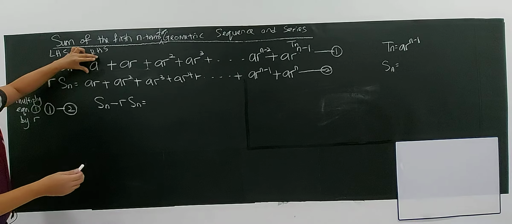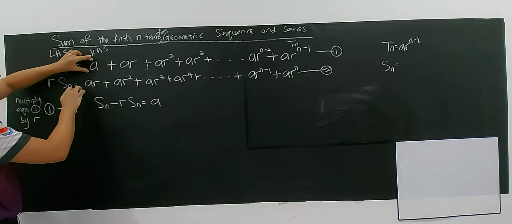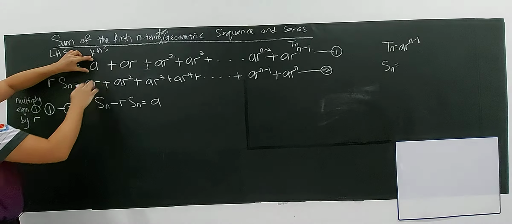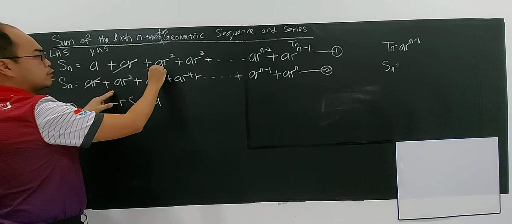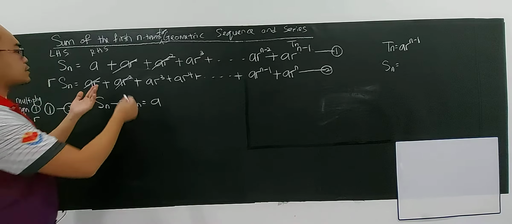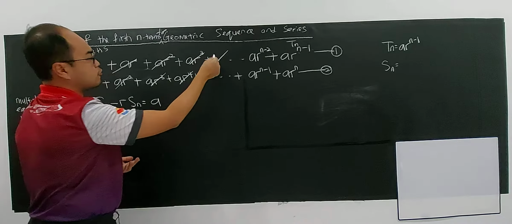So which one will be eliminated? You see, A will still be there because there is no A to subtract. But AR minus AR, you have 0. AR square and AR square, you minus, you get 0. Can you see it? There is a pattern here where this and this, you get 0. AR4 and AR4 will be 0.